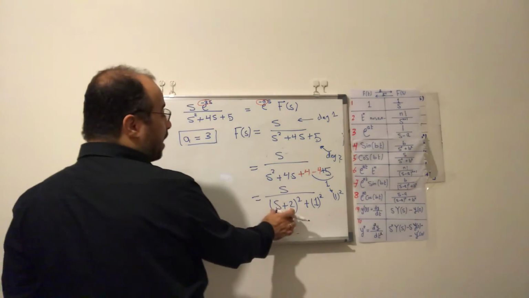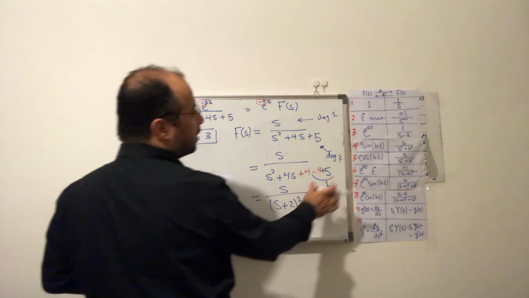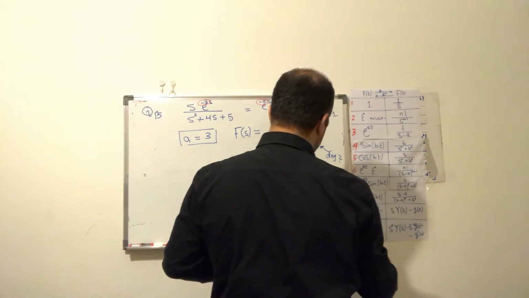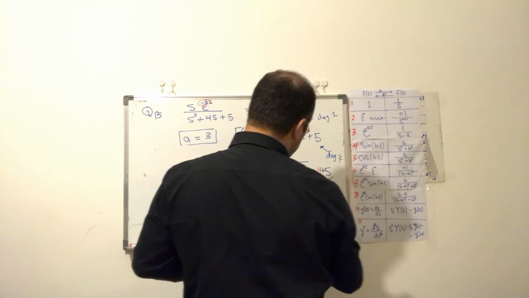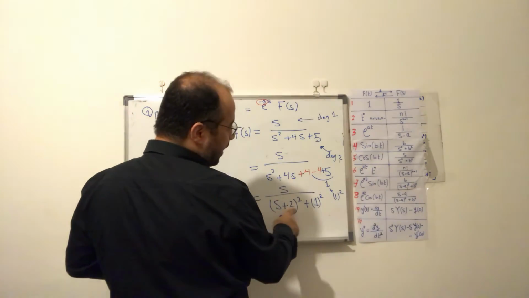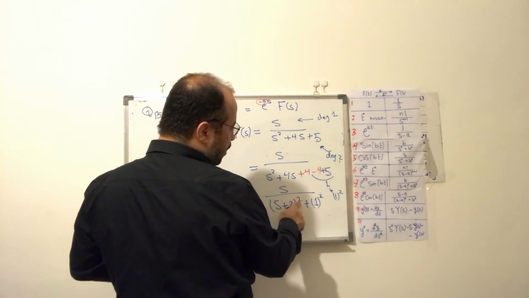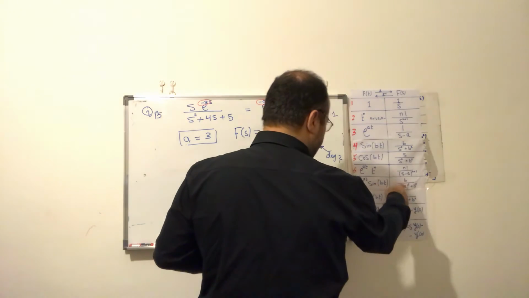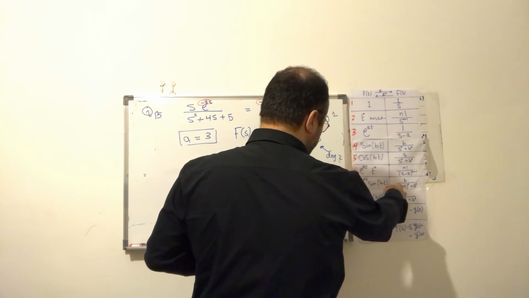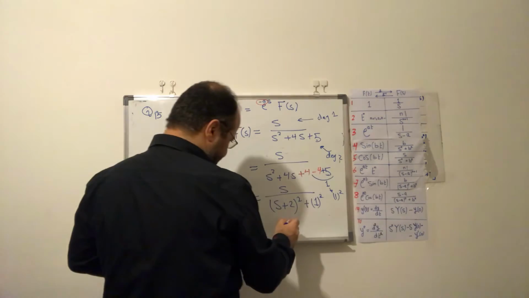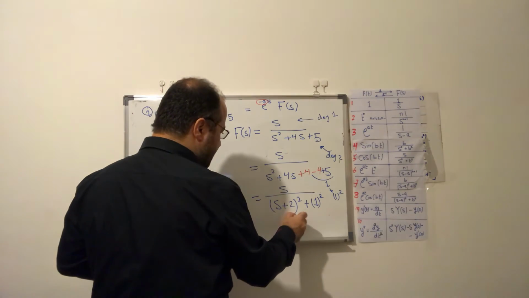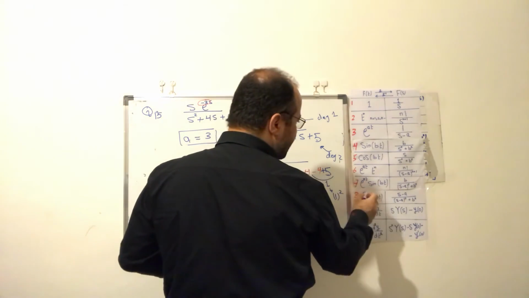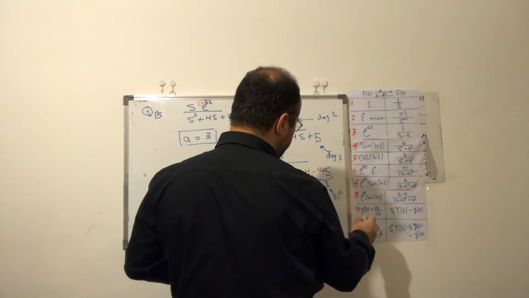Now going back, I have one S in the denominator. Looking here, all of them have one S in the denominator. But if you compare with something like shifted S squared and a number squared, then you're going to have 2 of them here, line 7 and 8. If you go with line 7 and 8, you're going to have sine and cosine.